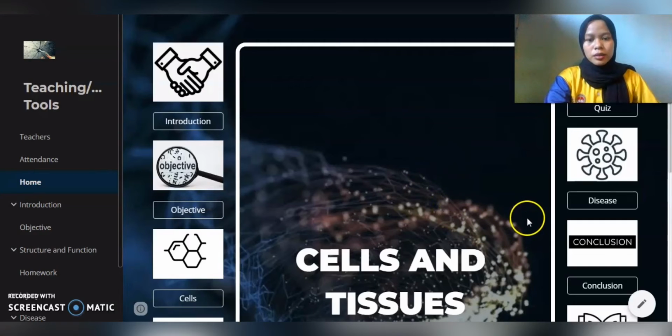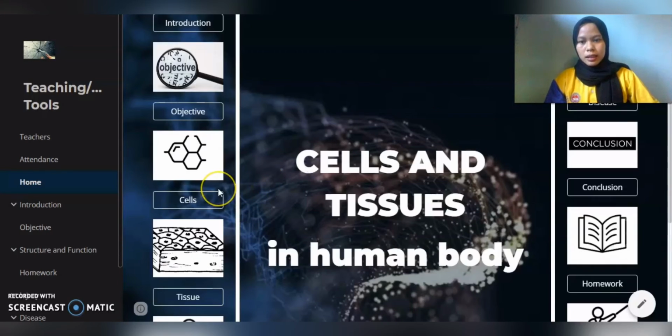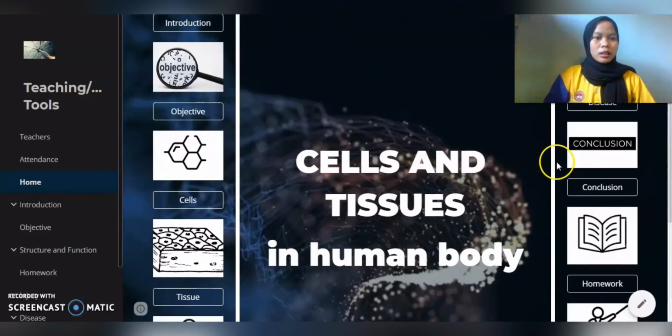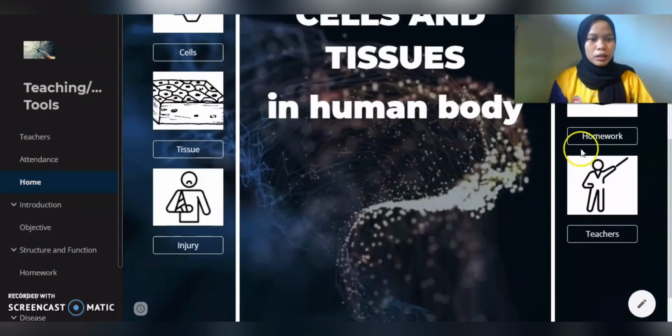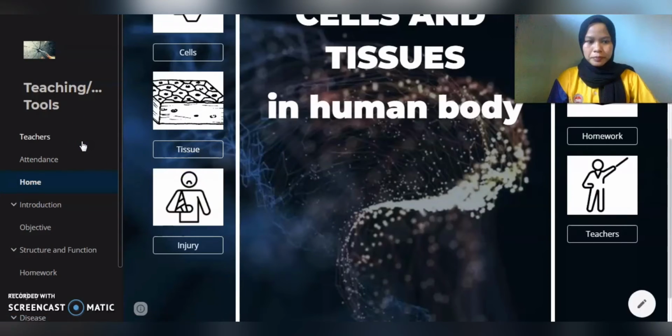And many options that we can look through this topic, which is introduction, objective, cells, tissue, injury, quiz, disease, conclusion, homework, and teachers. So let's take a look at the teachers first.